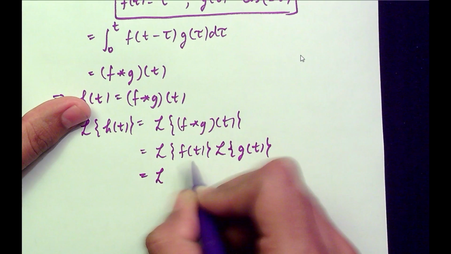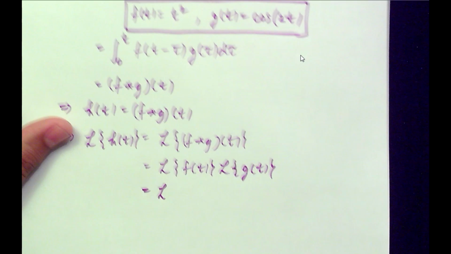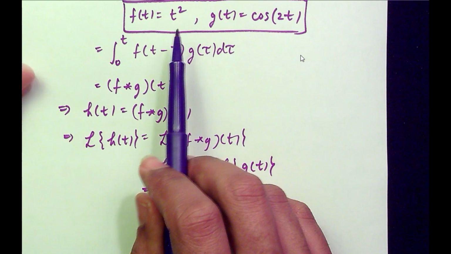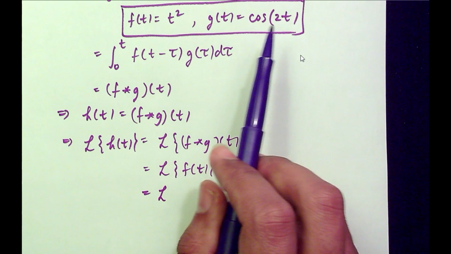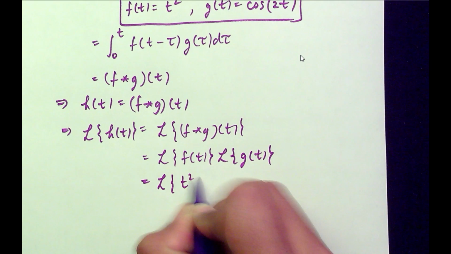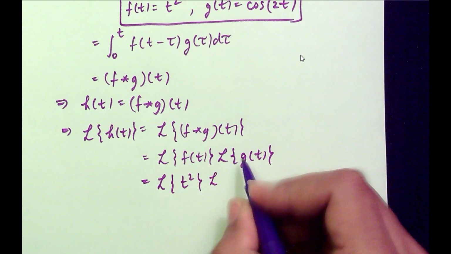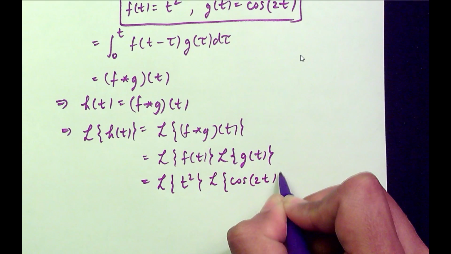Now, f of t equals t squared, and g of t equals cosine of 2t, so let's replace those. Laplace transform of t squared times Laplace transform of cosine of 2t.